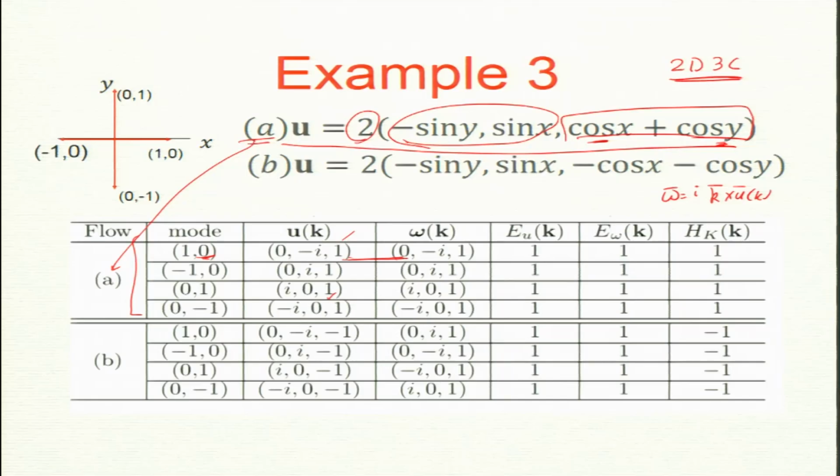In fact, what happens is somewhat interesting. The z axis is perpendicular, going in that direction, and we have the x axis and y axis. So my velocity field has these components. For a Fourier mode, the two components are non-zero.